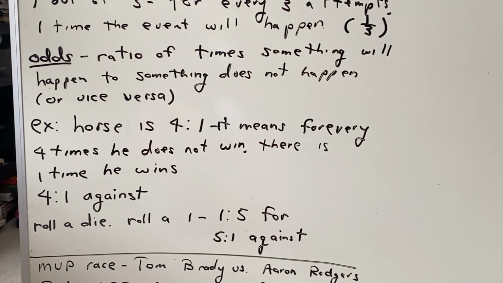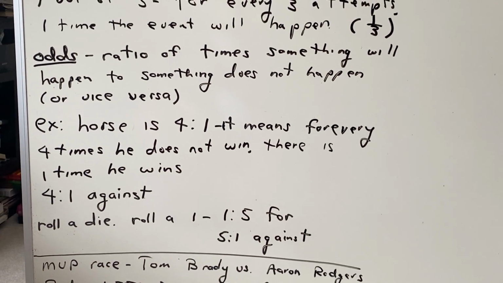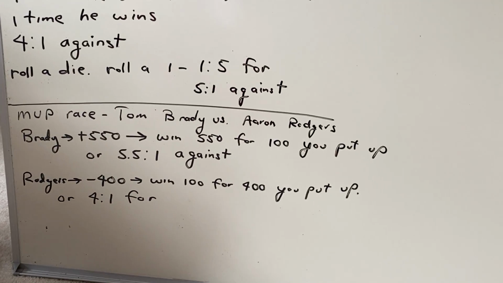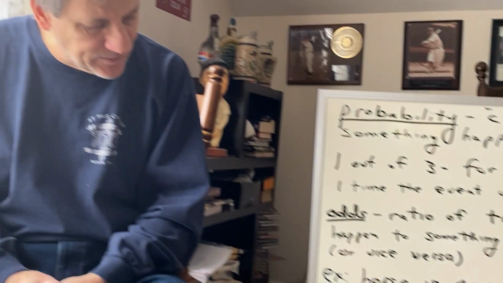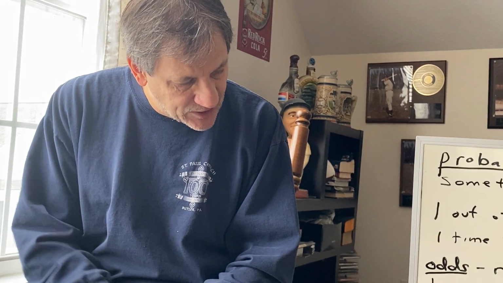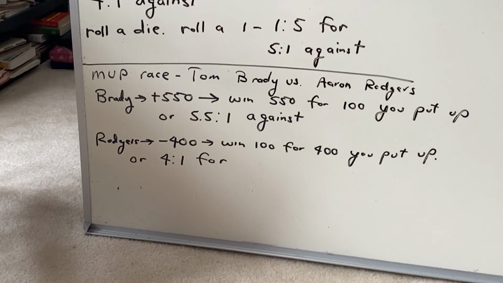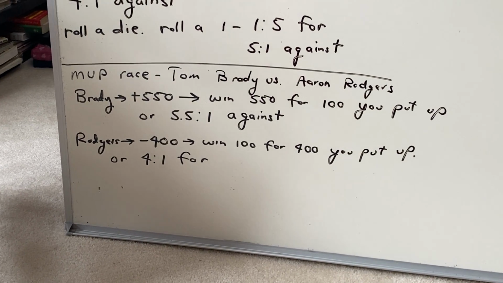Okay, one quick example. If you follow football, and whether you bet it or not, you will see odds very often with different bets. And one such bet that's actually coming up, I believe it's going to be announced, I think the Saturday before the Super Bowl or something like that, will be the NFL MVP.